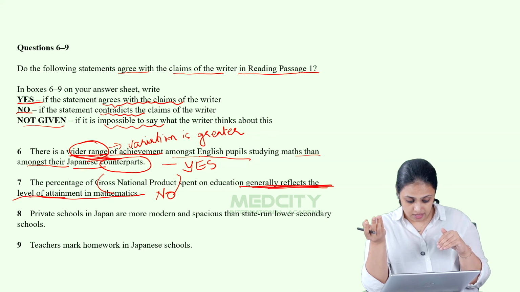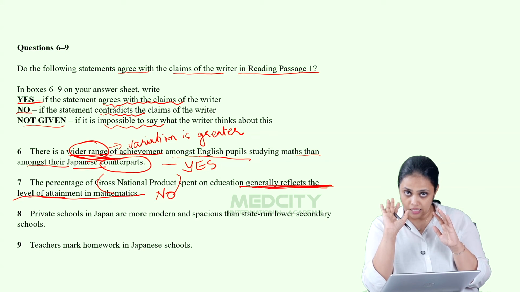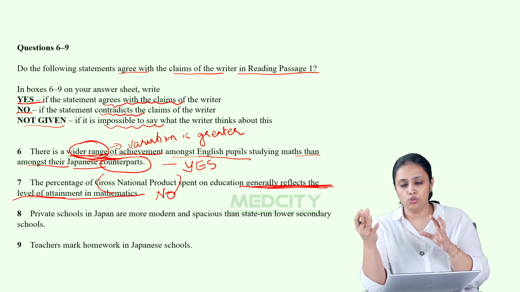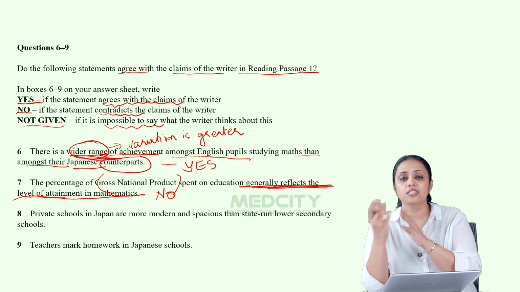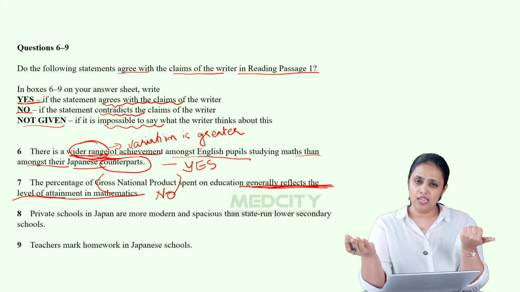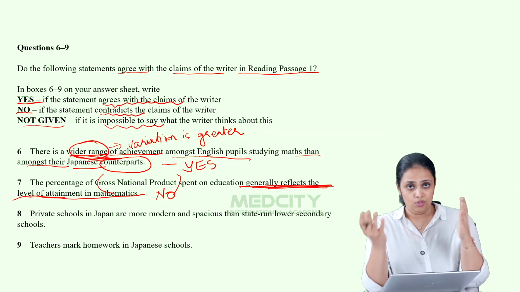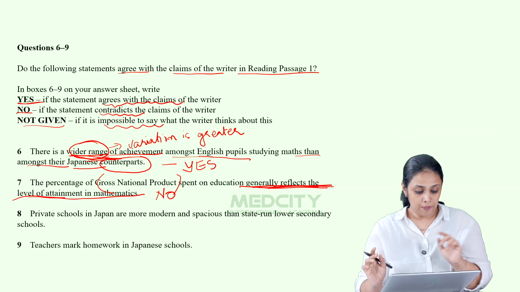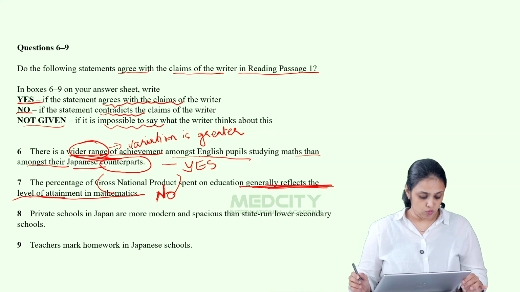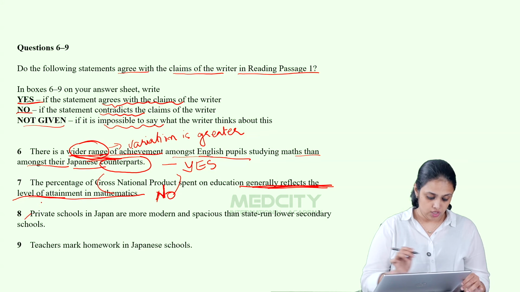But the statement says that GNP and maths attainment have a direct relation. The writer says, how is it possible? So they are contradicting, and for that reason the answer to this is no. Okay. Now we shall move on to the next question, the eighth question.